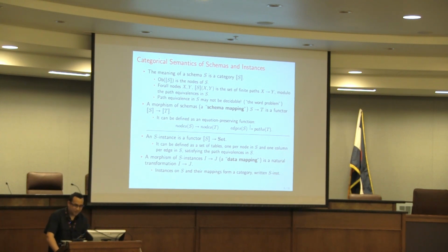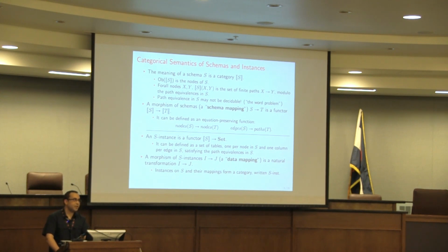But anyway, to complete the semantics, in category theory you can't have a thing without a morphism of that thing. So what is a morphism between our schemas? These are functors. Each schema, in this case S and T, denotes a category, bracket S, bracket T, and a morphism of schemas is just a functor between the categories.